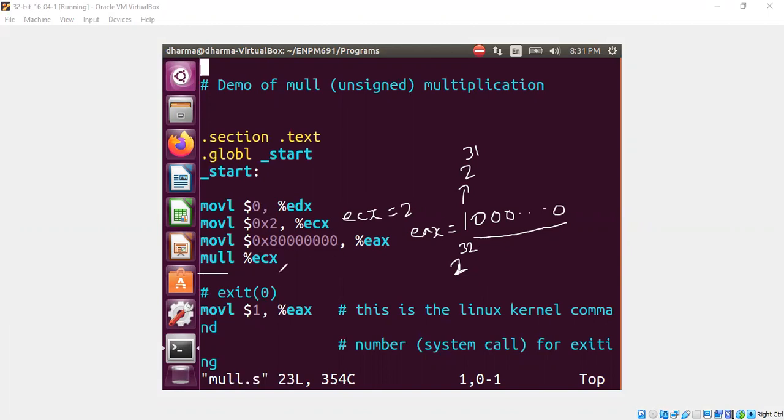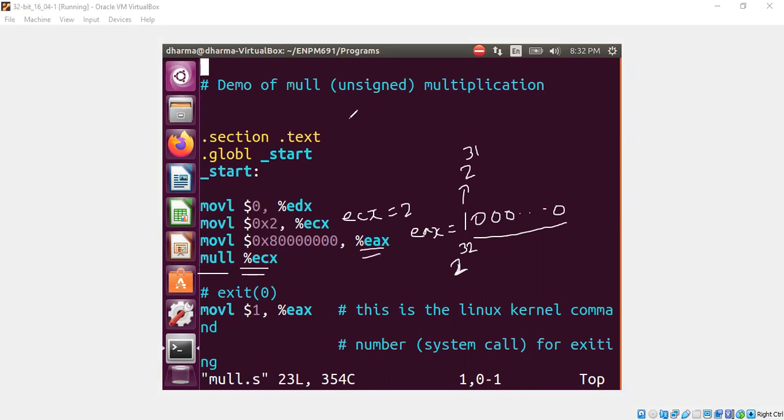What it does is it stores the least significant 32 bits into the EAX register and the most significant 32 bits into the EDX register. The meaning of this mull instruction is take this value, ECX in this case, and multiply it with EAX.